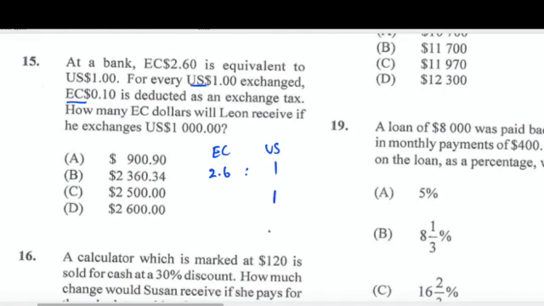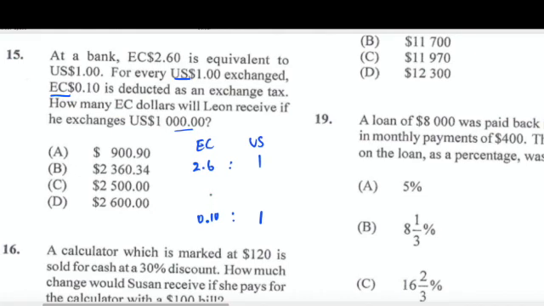For every US exchanged, 0.10 EC is deducted. All right, so how many EC dollars will Leon receive if he exchanges 1,000? So let's do the exchange first.